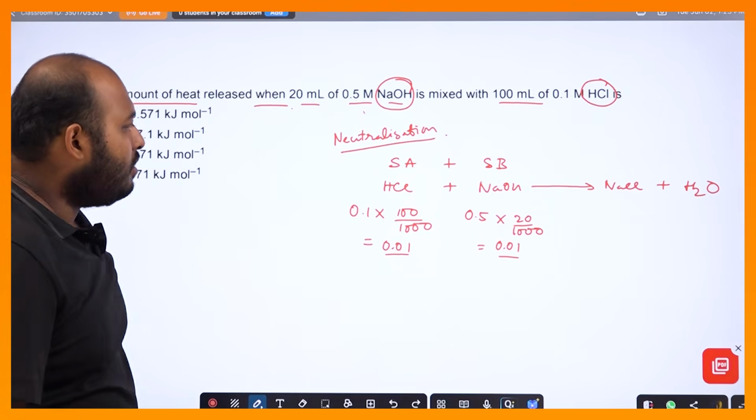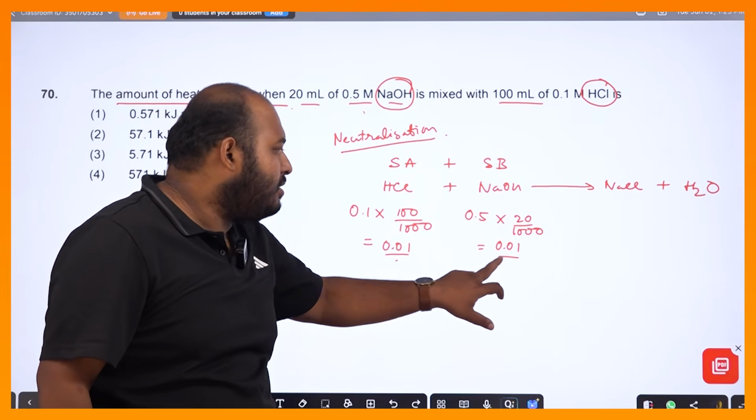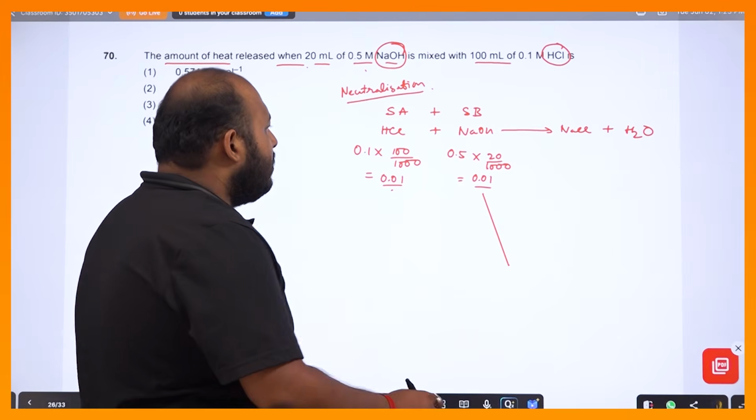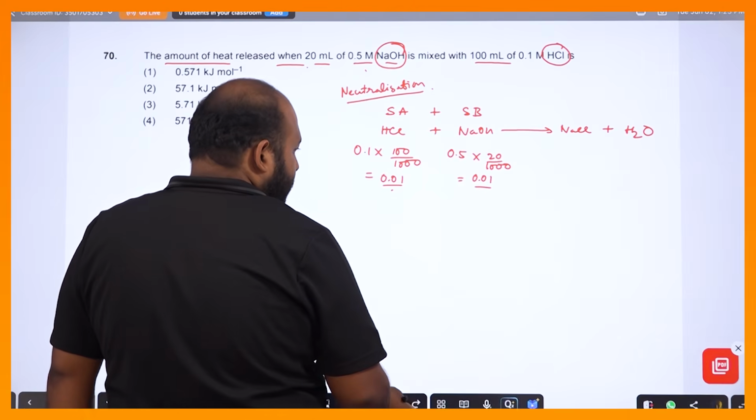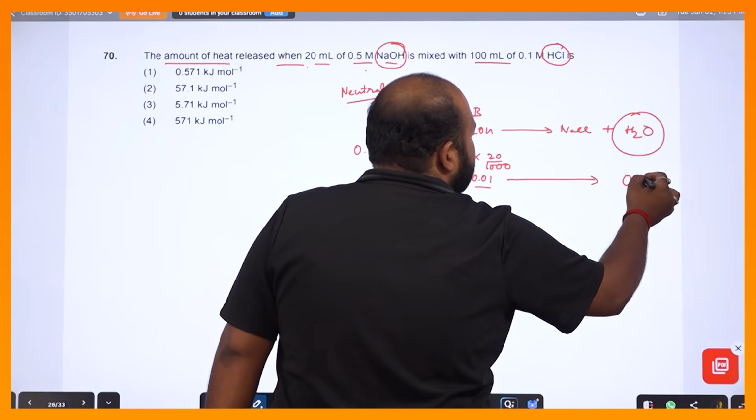So if this has 0.01 mole and this has 0.01 mole, then the amount of water which will be formed is also 0.01.